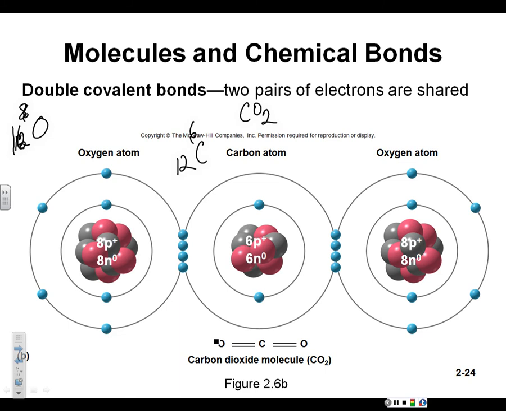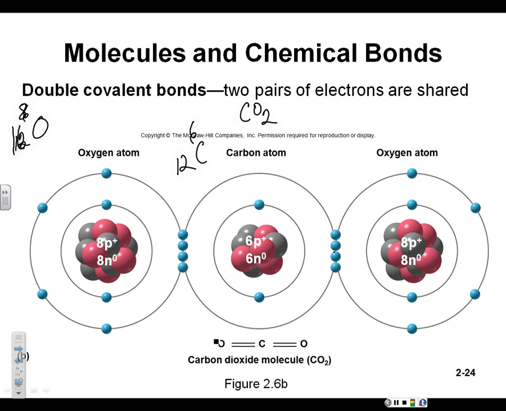Think about it. If I draw this one, I got 2 in the middle, and I got what? 2 on the outside, which is what? 4. So this one needs 2. This one needs what? Alright, so if I take 2 from this one and 2 from this one, add it here, I got 1, 2, 3, 4, 5, 6, 7, 8. That's stable, right?